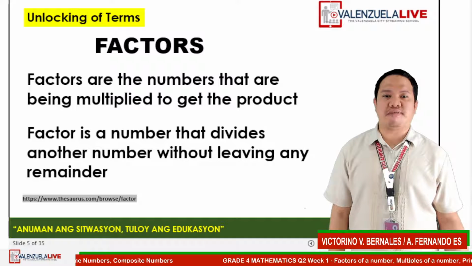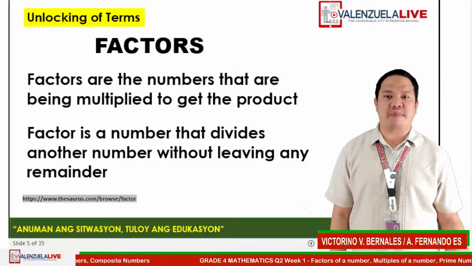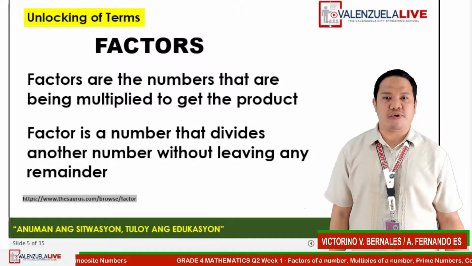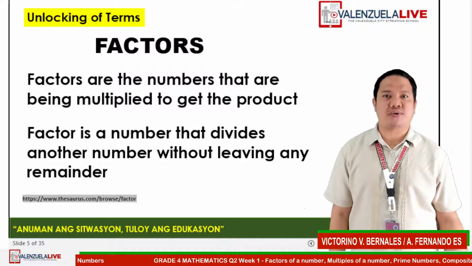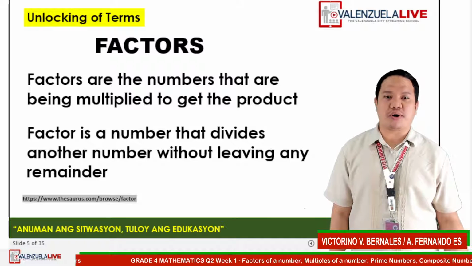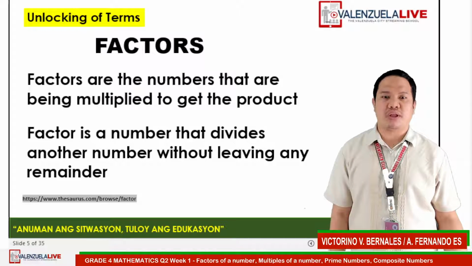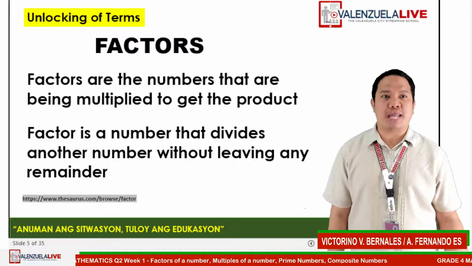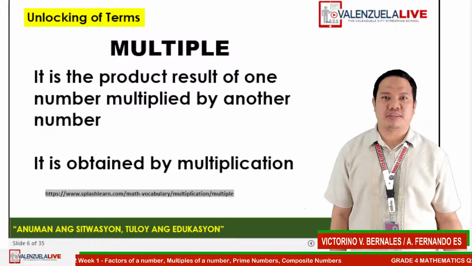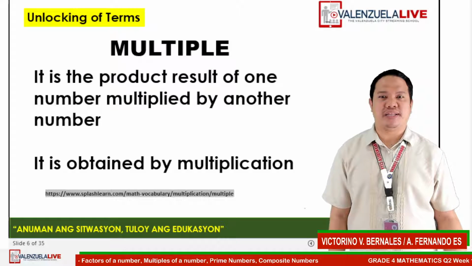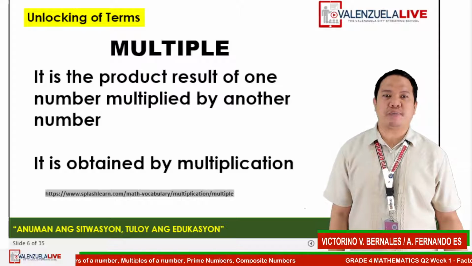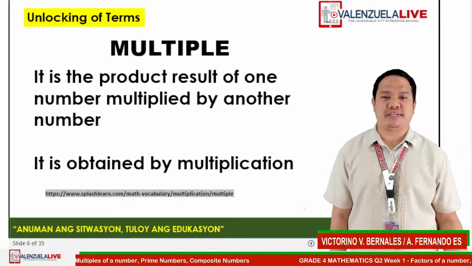Let us first define these mathematical terms in mathematics. First, we have factors. Factors are the numbers that are being multiplied to get the product. A factor is a number that divides another number without leaving any remainder. Multiple. A multiple is the product result of one number multiplied by another number.